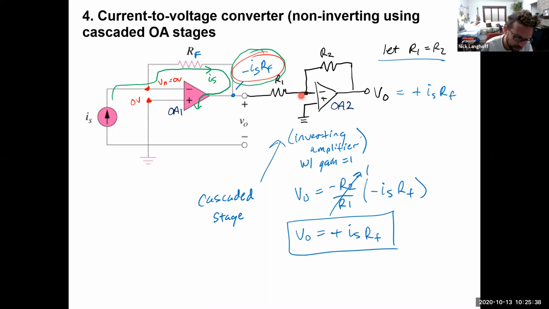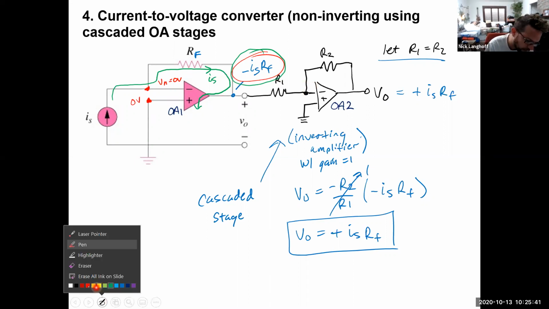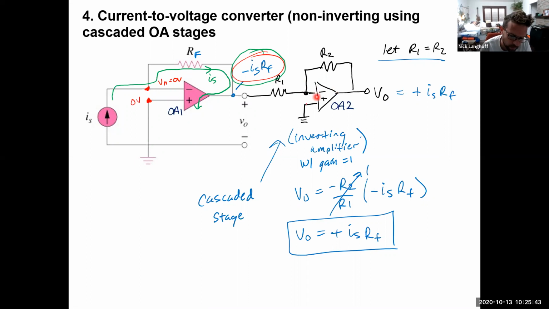We're going into some deeper analysis here, hopefully to help you see it better. Op amp 2 will do whatever it has to keep the inputs equivalent, which means Vn2 is 0 volts. And if that is 0 volts, then there must be current flowing from 0 volts toward a lower negative voltage, negative IS times RF, that's less than 0.